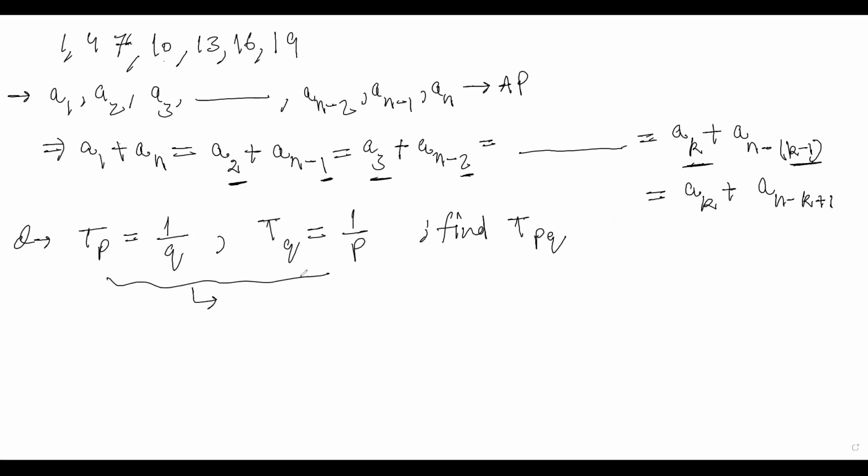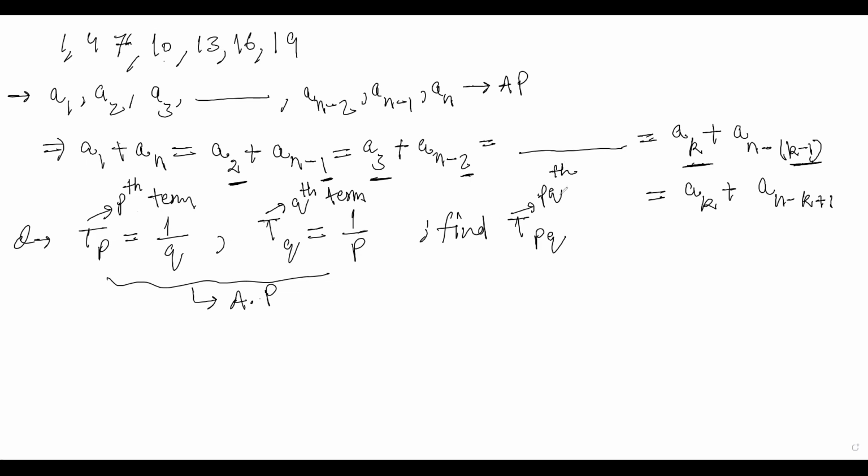And this is an AP. For an AP, you are given the pth term. This is the pth term. This is the qth term. You have to find the pqth term. For example, let's take p as 2 and q as 3. So you know the second term, you know the third term. You have to find the sixth term.